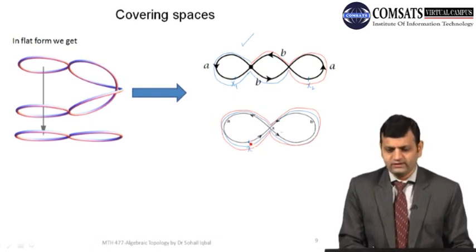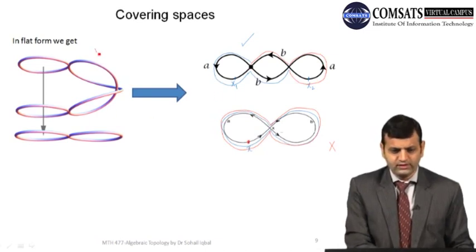So that's why if I take this point X in this space X, then the inverse image of this is going to be 2 points. One of them is X1, because this is the first part in the covering space above this loop A. What is the second part in the covering space above A? It is this A.